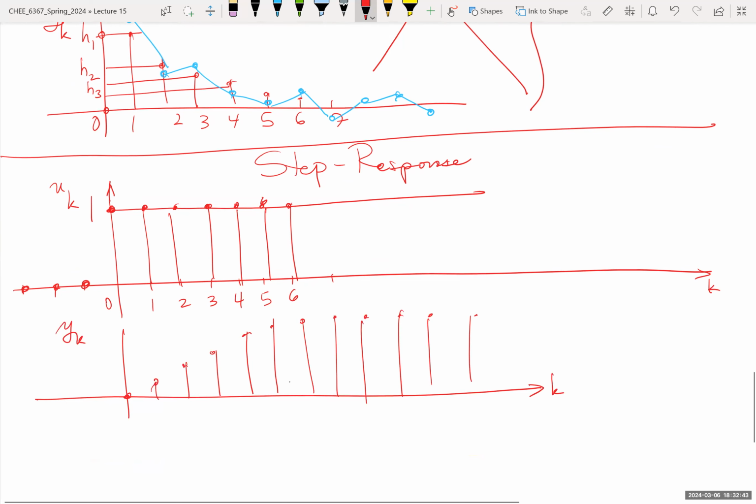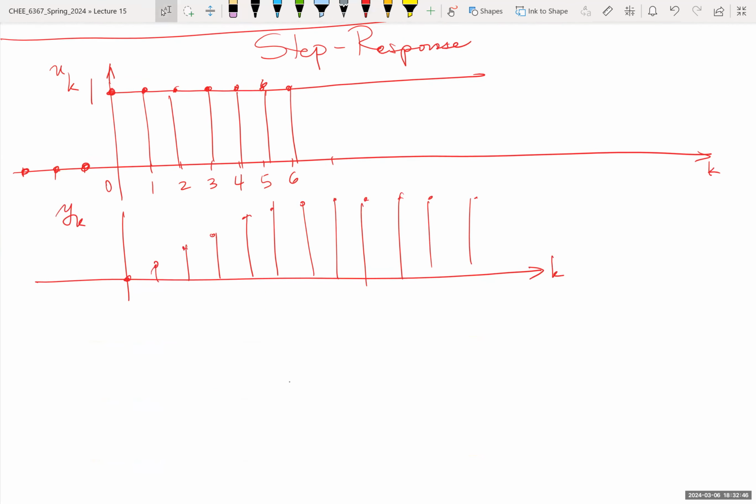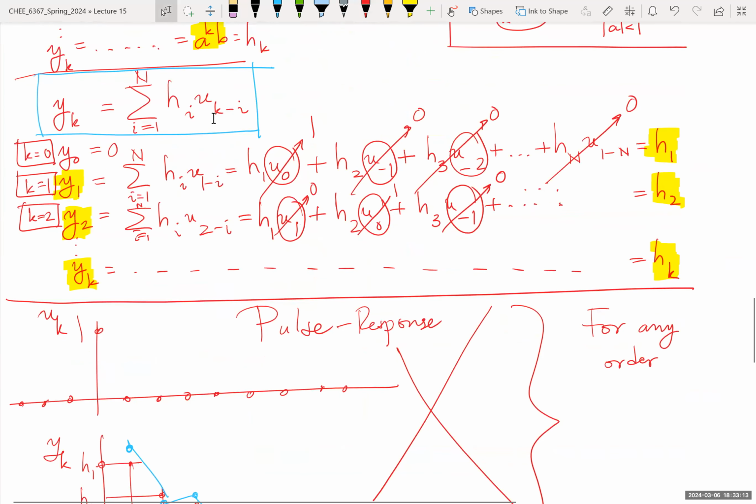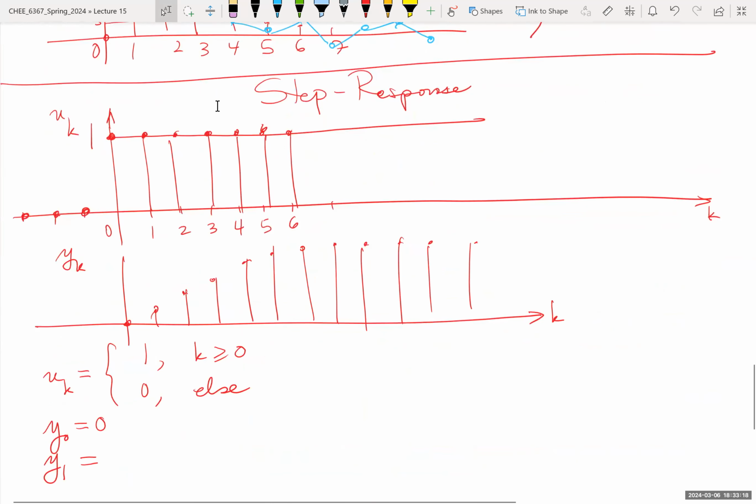Let's do the same exercise that we did before. I know it's going to be tedious in algebra, so let's take a deep breath and see what we get here. Okay, so let me write first what is the input. UK is the input. It's 1 when k is greater than or equal to 0. It's 0 else. Initial value, it's 0. Y1 is going to be equal to, according to our model, right? Let me write the model so we can have it handy.